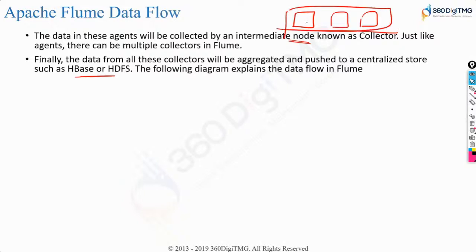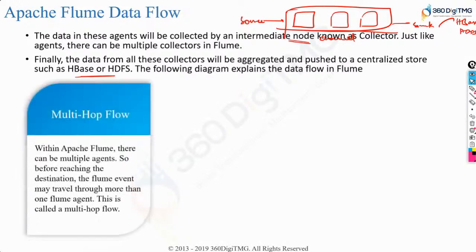So imagine that this is your channel. Inside the channel, we have a temporary location where you are storing the data. Here you will have the source, here you have collectors, then you will have the sink, and from the sink it goes to HBase or HDFS.